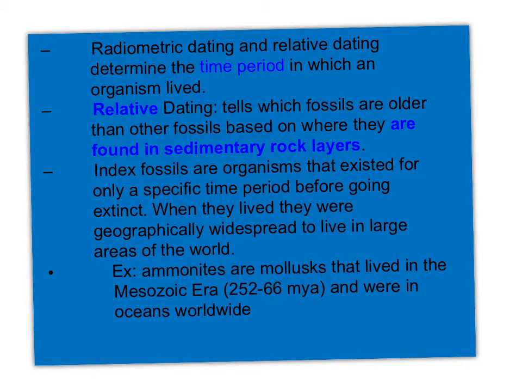MYA is million years ago. And they were in pretty much all the oceans worldwide. So that would be an index fossil because they were very widespread all over the world. But they are extinct now and lived during that specific time period. So we saw lots of them during that time period, and then they just disappeared.